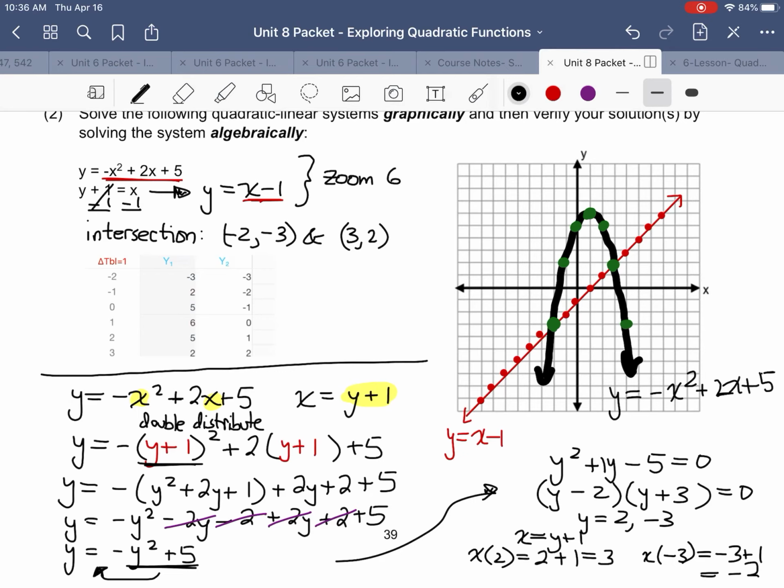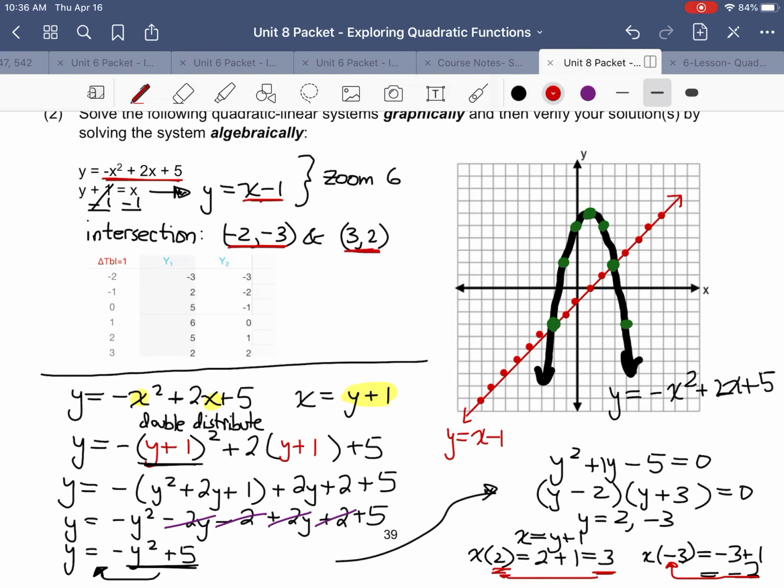All right, so the x value corresponds with the y value. So this x corresponds with that y. So 3 corresponds to 2, just like this solution here. Negative 2 corresponds to the negative 3, just like this solution up here. Negative 2 corresponds to negative 3.